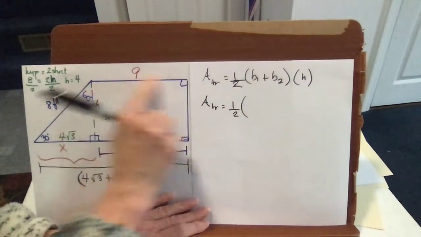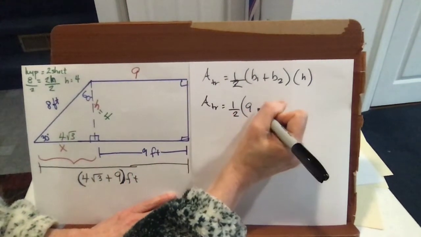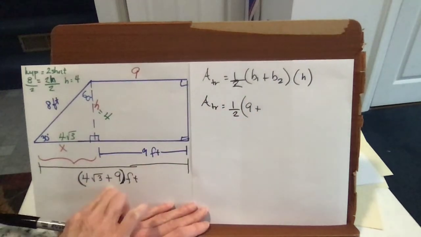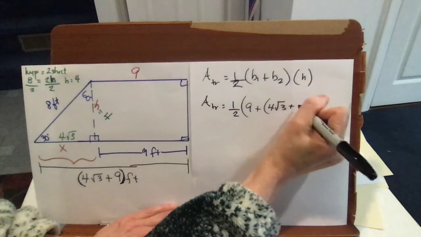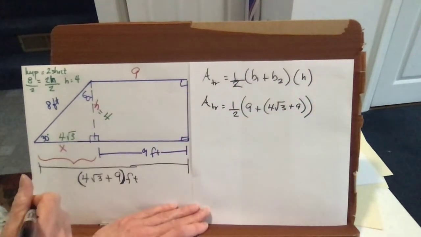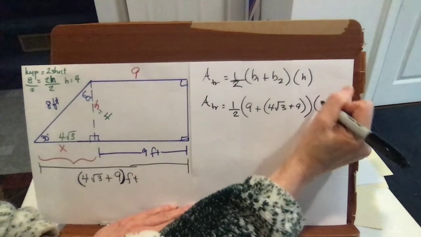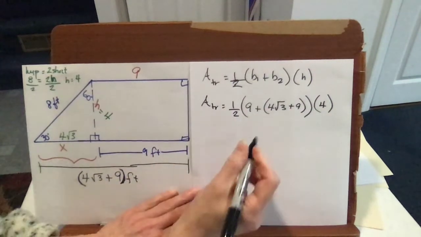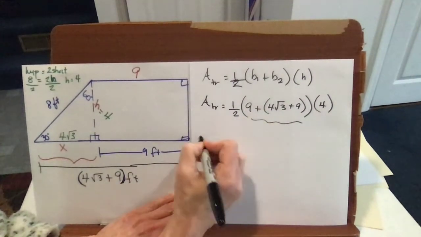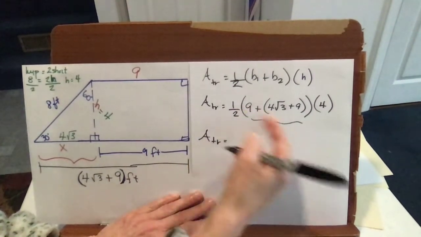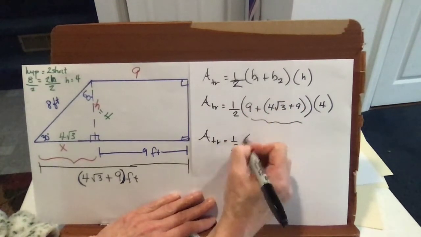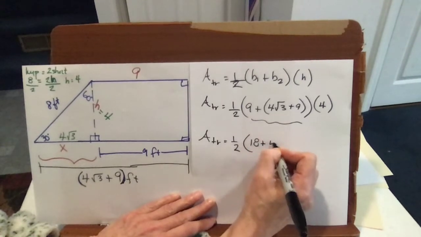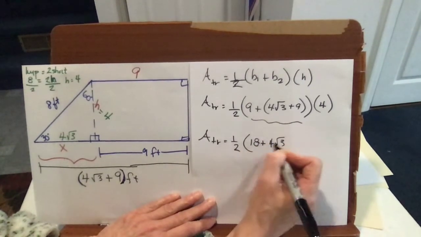Our first base is 9, and the other base is 4 radical 3 plus 9. And then our height is 4. So let's work inside here first. Order of operations says work the inside parentheses. So 9 plus 9 is 18, plus 4 radical 3, and that's as far as you can take it.